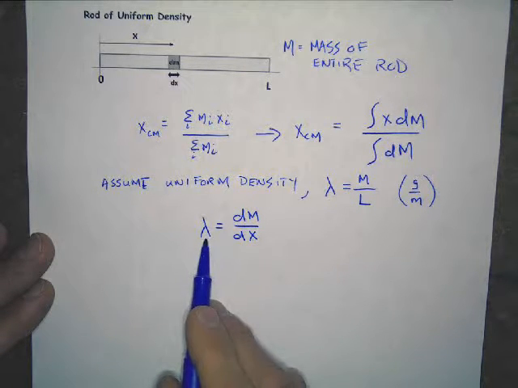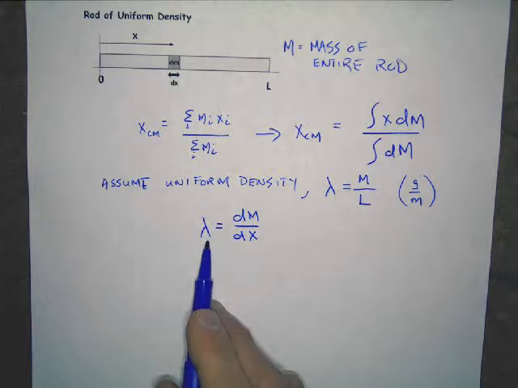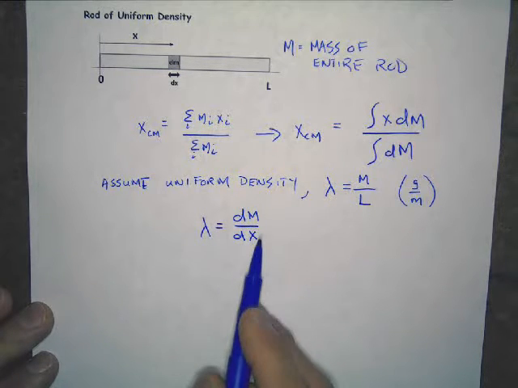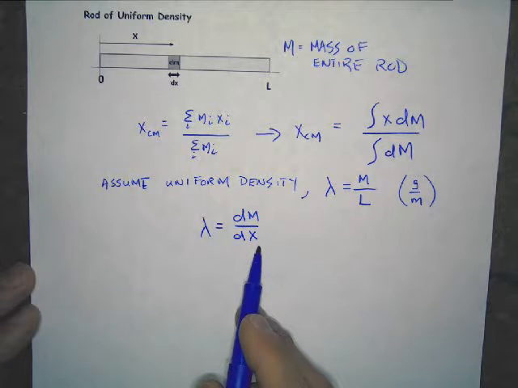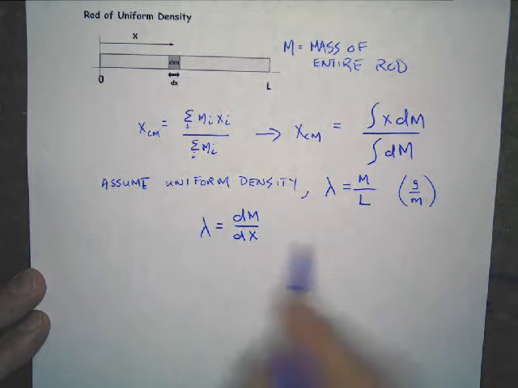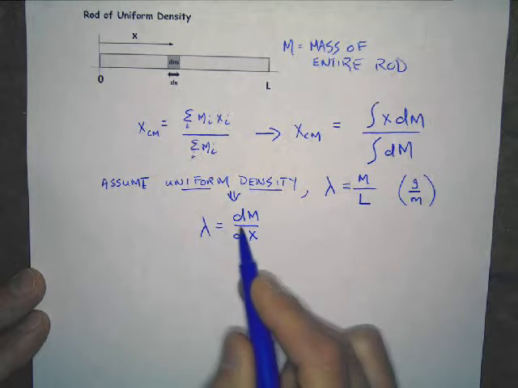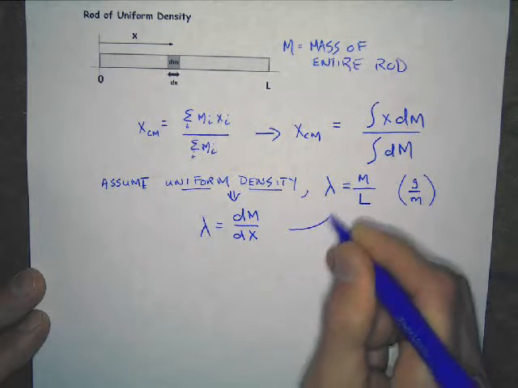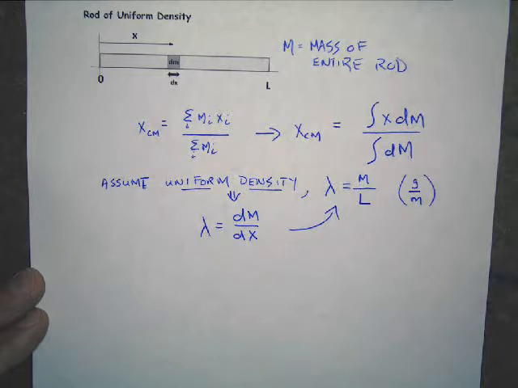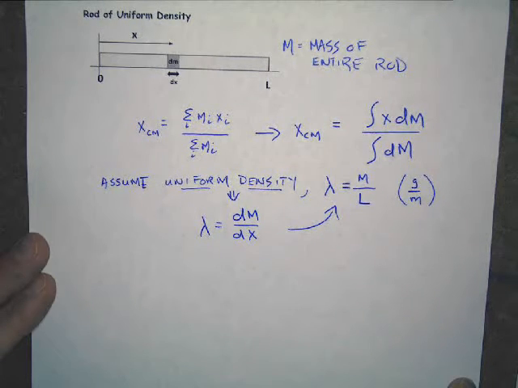So whatever value lambda has, it should also hold for the density at any small point in that rod. This is where the uniform part really comes in. The fact that it's uniform means that that lambda is going to be the same as that lambda, because no matter where you look, the density should be pretty much the same.